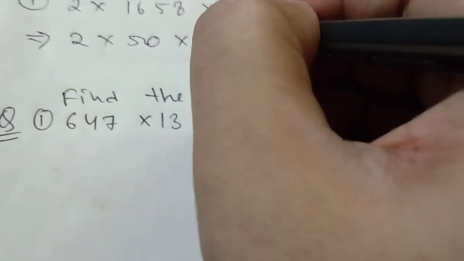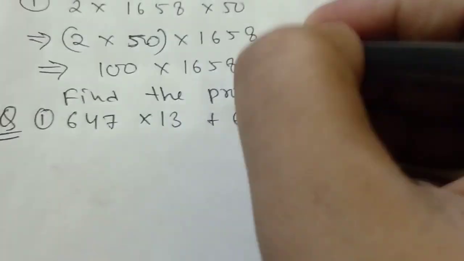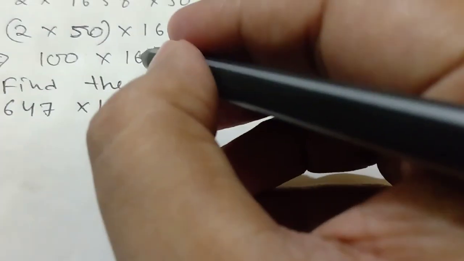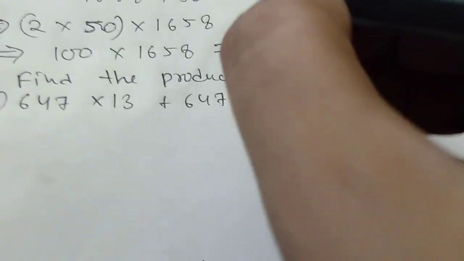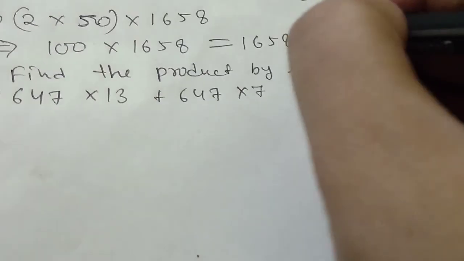For example, if you multiply 2 into 50 and then multiply by 1658, multiplying 50 and 2 will be easy. 50 multiplied by 2 is 100 into 1658. Now multiplication by 100 is very easy. So 1658 and two zeros will be added.